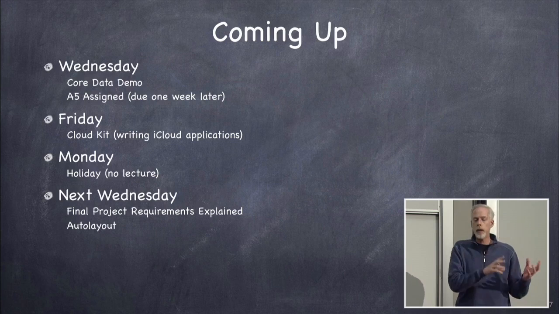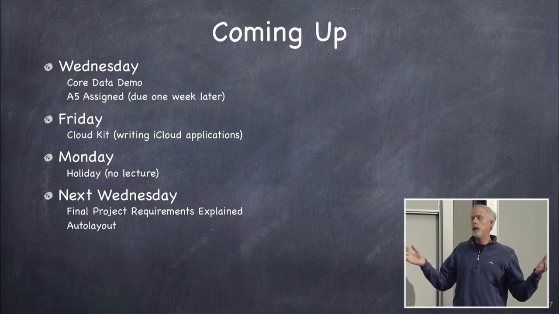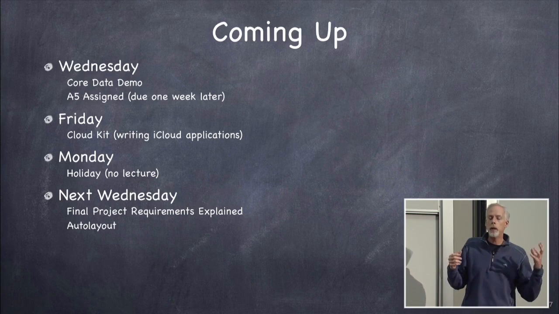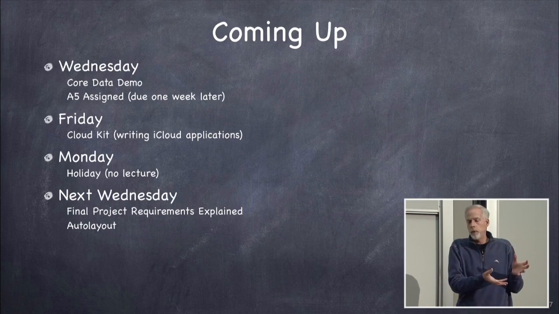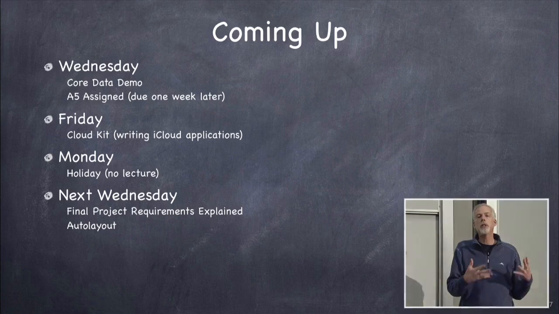Okay? Now, Core Data and CloudKit, what are they? How are they related? Well, Core Data is for doing things that you would do with a relational database, these powerful queries and searches and things like that. CloudKit is, what if you wanted to have a database on the network, in the cloud? A network that's being shared between multiple people or even by a single person on multiple of their devices or whatever. So they're quite different in the way they approach things. In Core Data, we do the schema using this visual mapper.